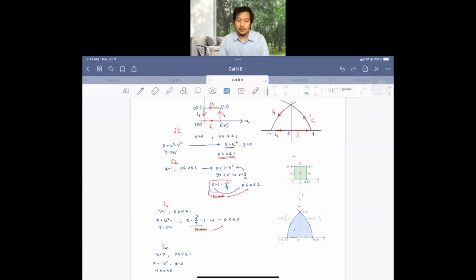Okay, now let's see in more detail what will happen in the double integral.